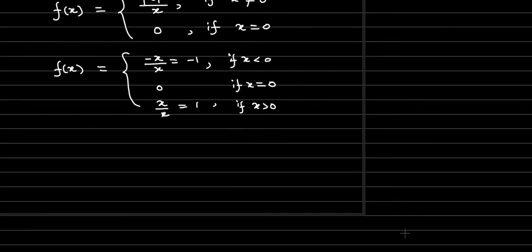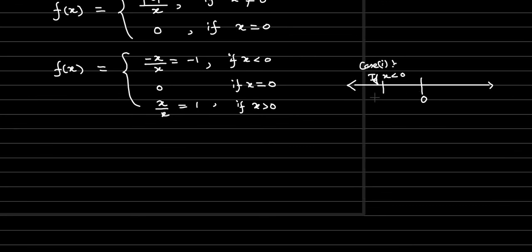Now using the if condition, we have to break the real line. So what value can we see over here? 0. So at 0 we have to break the real line. Now we can have three cases over here. In case 1, if x is less than 0, that means we have infinite real values.